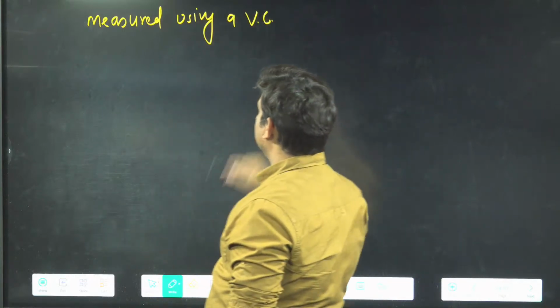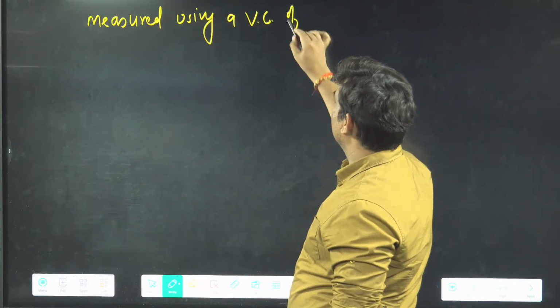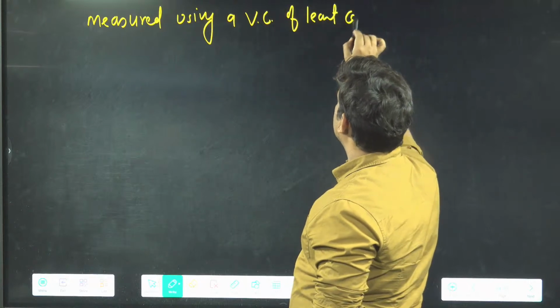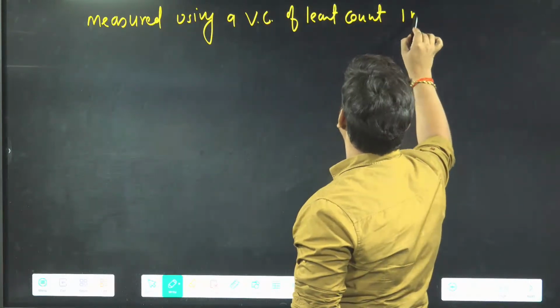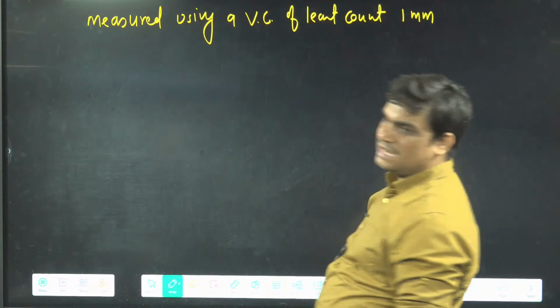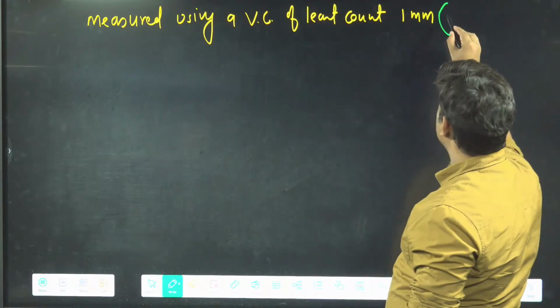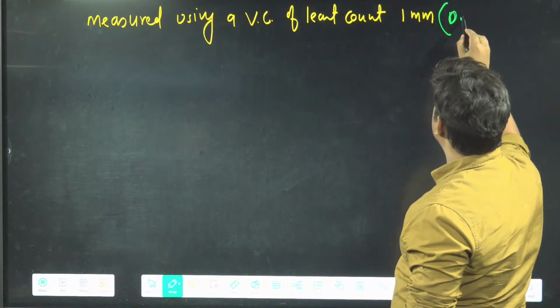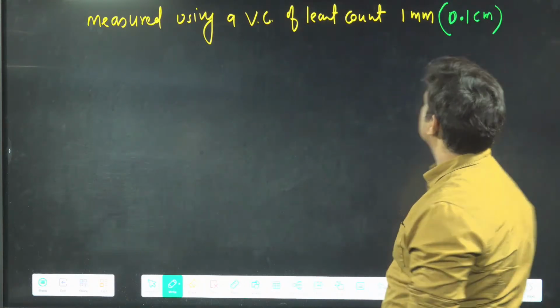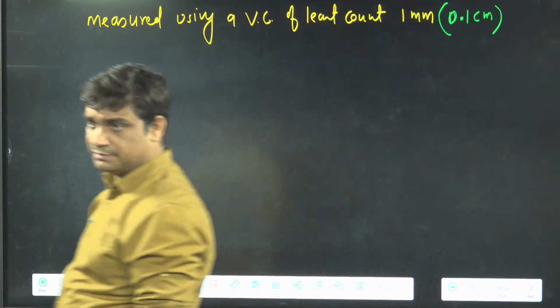I will tell what a vernier caliper is. A vernier caliper of least count 1 mm. What is basically 1 mm? 0.1 centimeter.